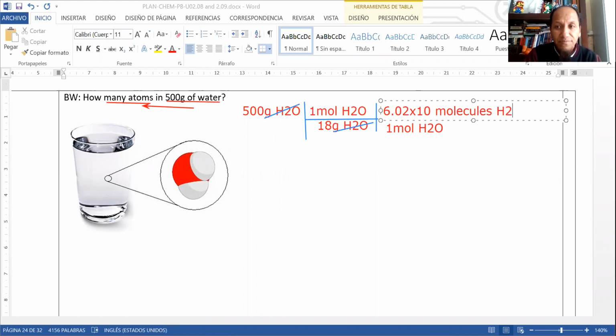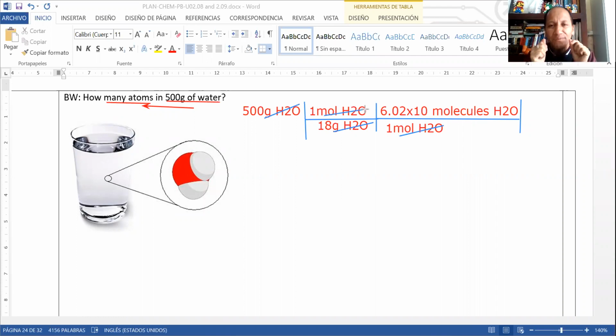Got it? So in 1 mole, 6.02 times 10 to the 23 molecules of H2O, which is really interesting to work with. And then you do the conversion. Again, you cancel out moles of H2O with moles of H2O, and now you have transformed the grams of H2O to molecules of H2O.